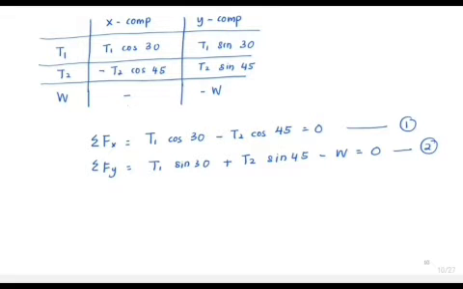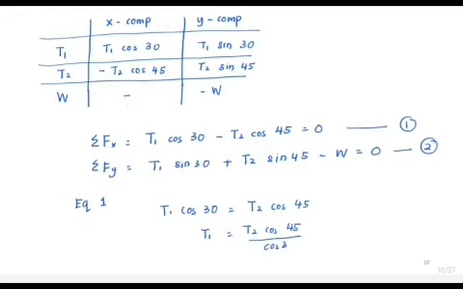From equation number 1, we rearrange the equation. Let's make T1 as subject. And you will get T1 equal to 0.816 T2. From our finding, we substitute T1 equal to 0.816 T2 into equation number 2.